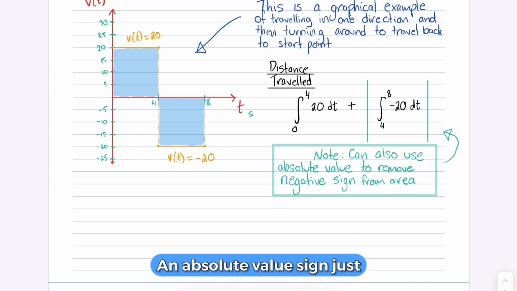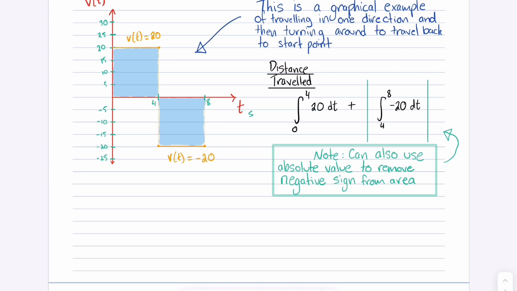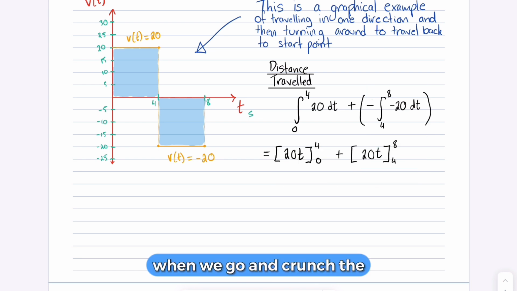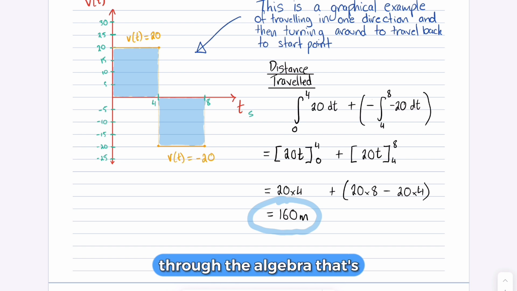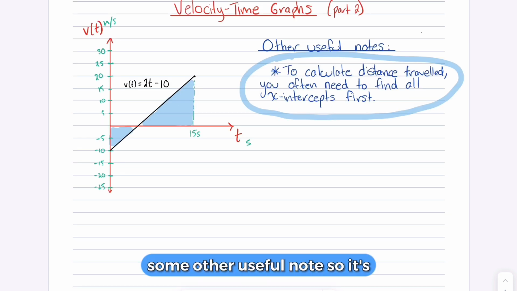An absolute value sign just removes the negative sign from a number. Either way, completely fine. So when we crunch the numbers for this, I'm not going to go through the algebra, that's assumed knowledge, but as we would expect, we get a distance traveled of 160 meters.